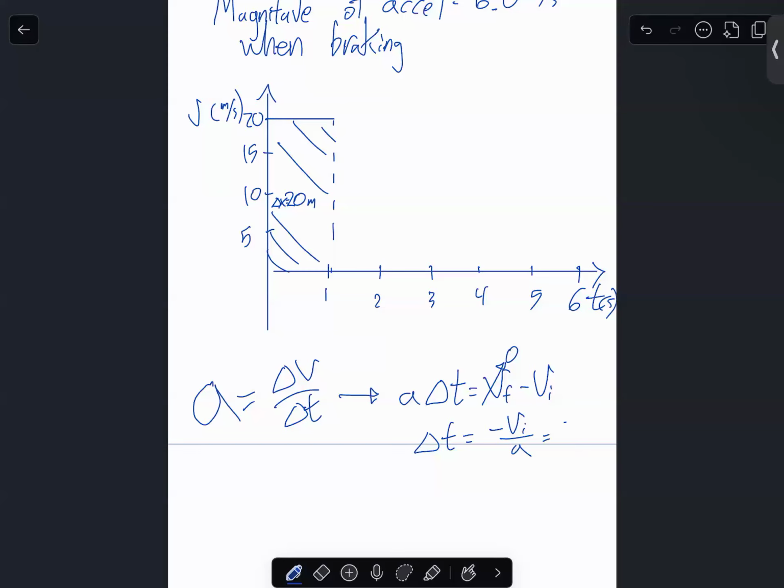What's the initial? 20. What's a? Negative 6. You can use these vector quantities. Remember, we deduce that if you're slowing down from a positive velocity, that acceleration is opposite sign. What's 20 over 6? 3.3?